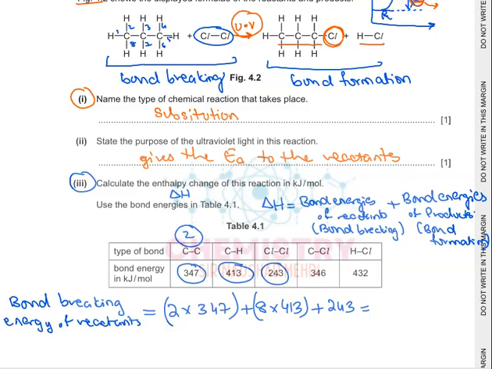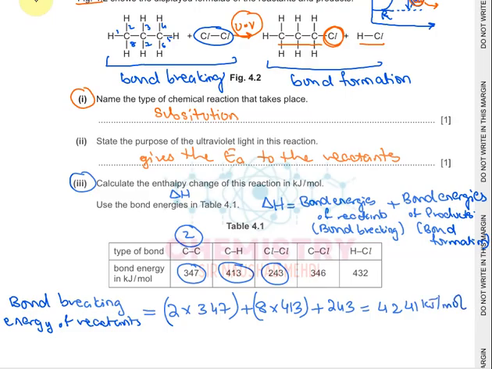So you have to sum up the total energy on the reactant side, which would be 2 multiplied by 347 plus 413 multiplied by 8 plus 243. So you are getting 4241 kilojoules per mole.